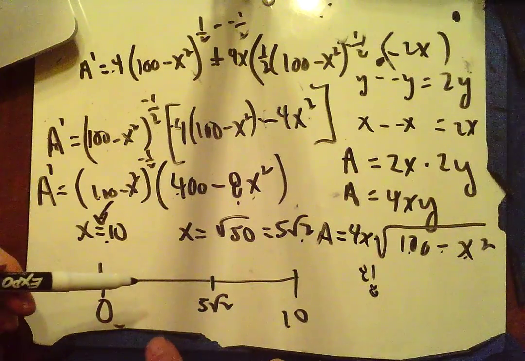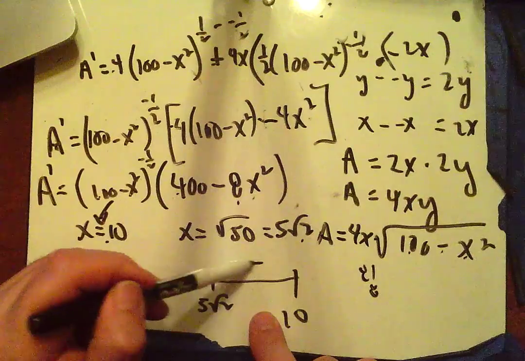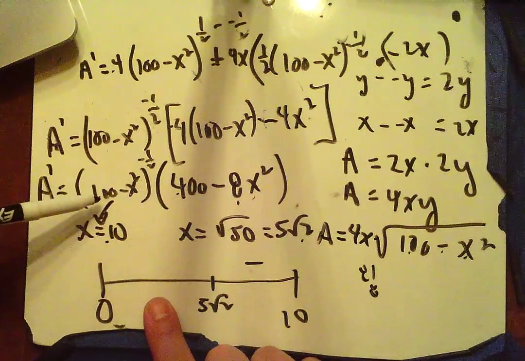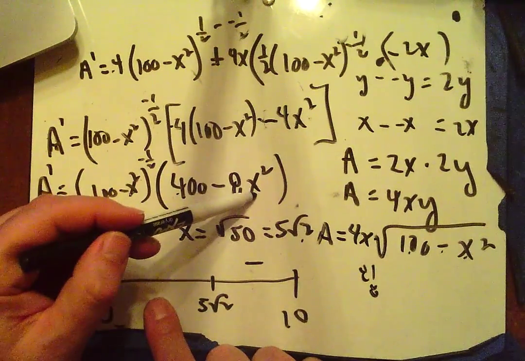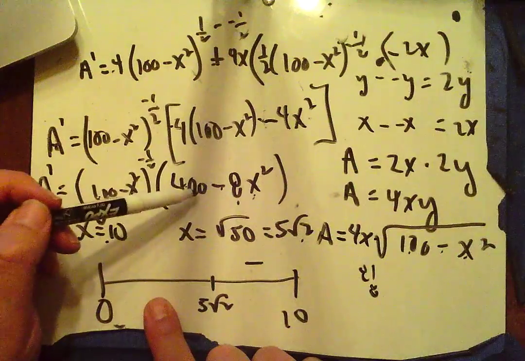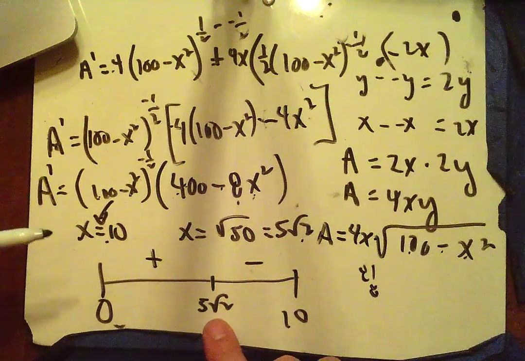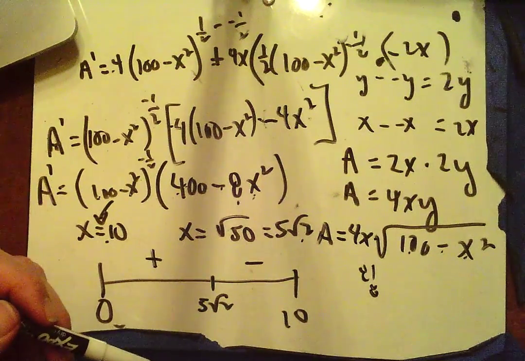So when I plug in a 9, I get a negative times a positive, which is a negative. If I plug in a 1, I've got the square root of 99, that's definitely positive. 400 minus 8 is positive, positive times positive is positive. So I can see that my area is going to be a maximum when x equals 5 root 2.